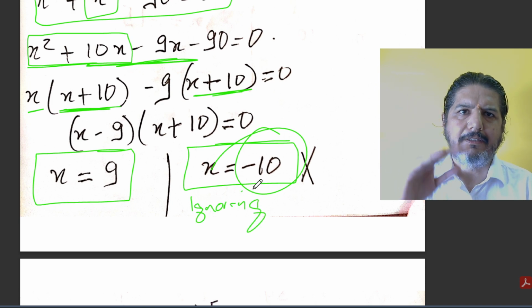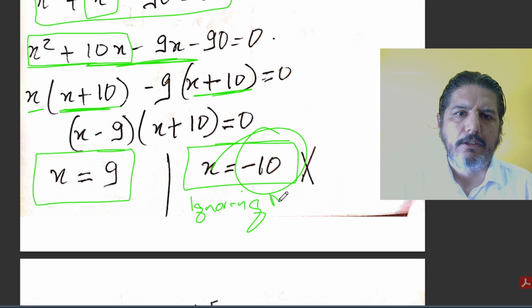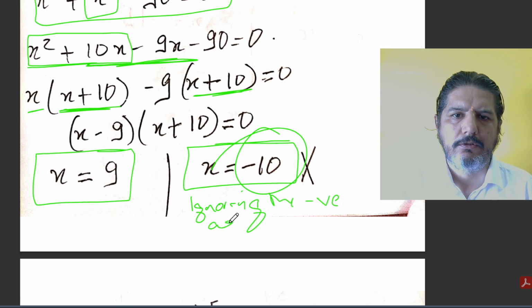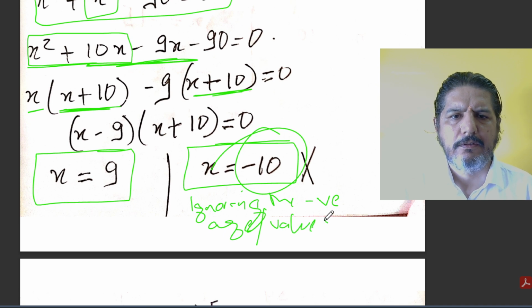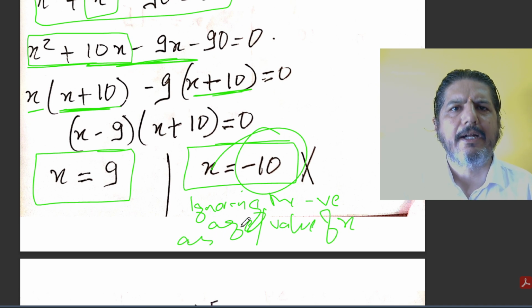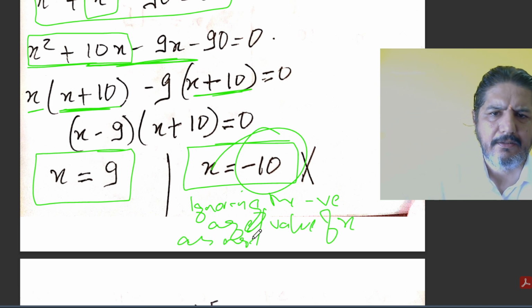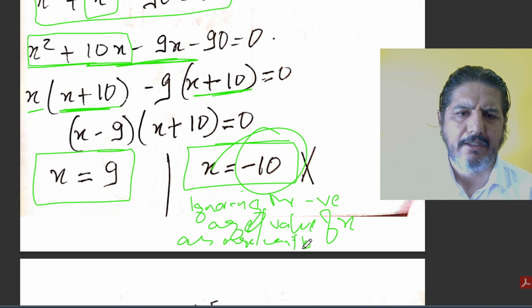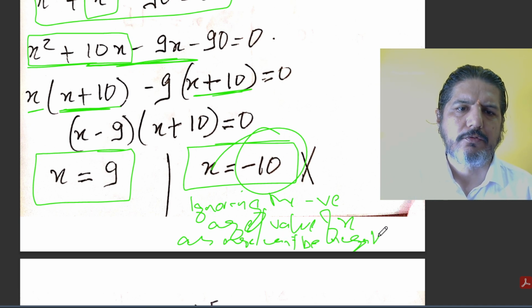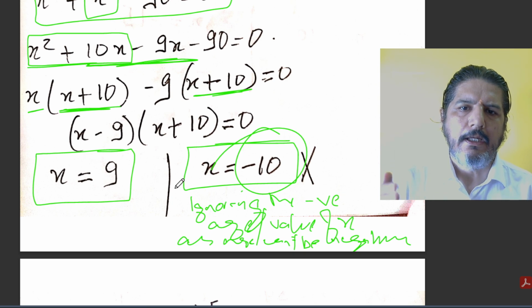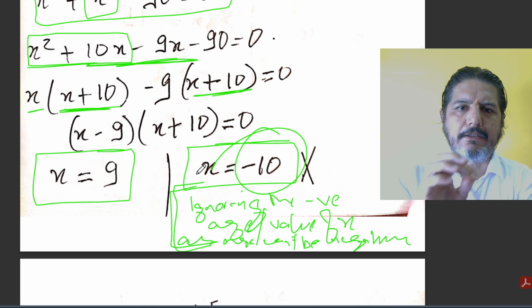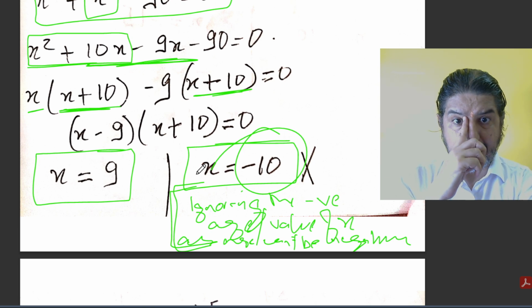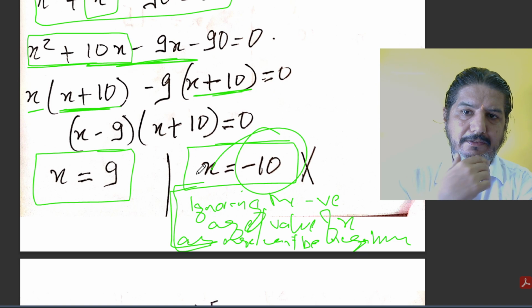You'll have to write this line: ignoring the negative value of x, because age can't be negative. So that the examiner knows why you are ignoring this. Whatever value you are ignoring, you should mention on the paper why you are ignoring it, so that the examiner understands that you understand how things are done.